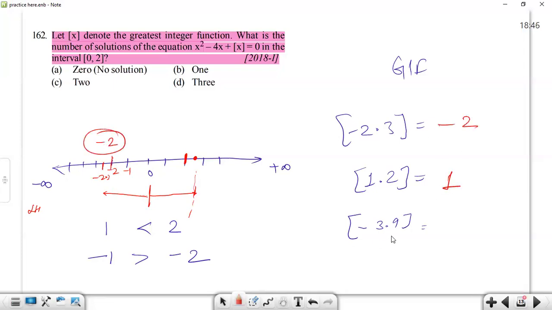Here it will be 1. So minus 3.9, reaching minus 3.9, the integer that we have passed on our path is minus 3. Okay.